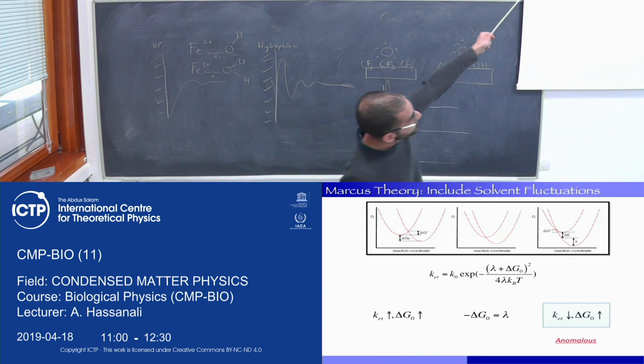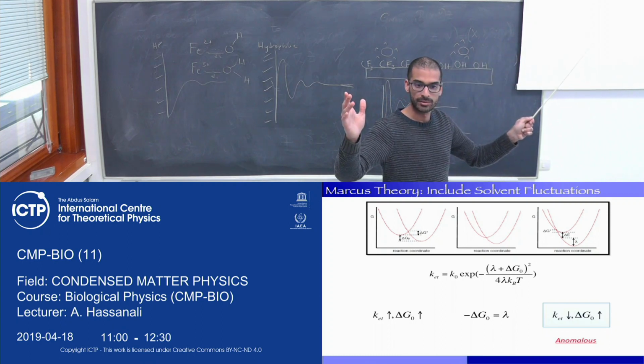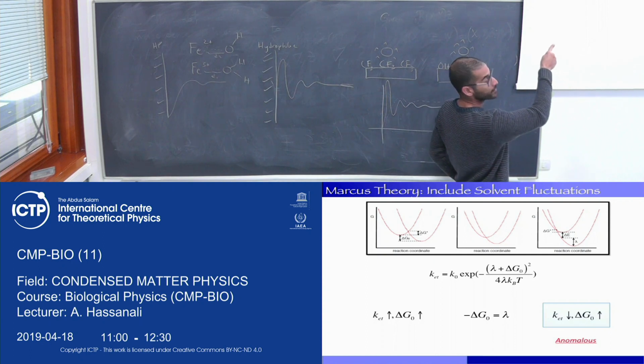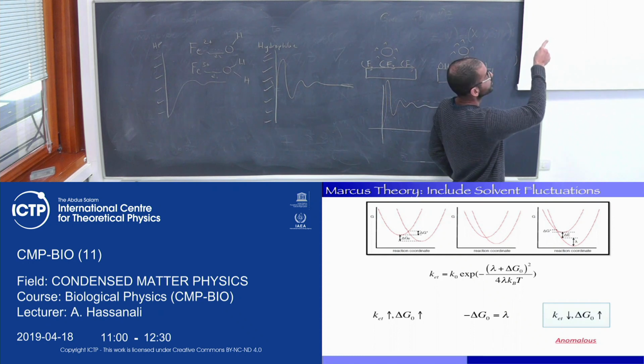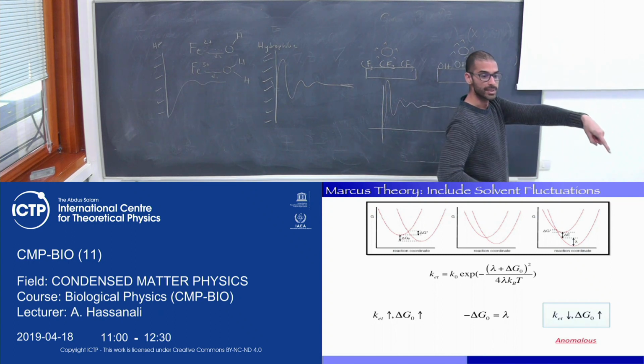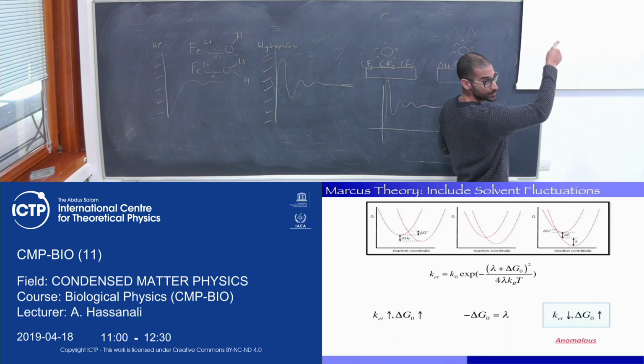So here you go. These are two harmonic potentials. I start from here. In order for electron transport or charge transfer to happen, I have to go to the transition state, and then there's electron tunneling. And then I go into my products.